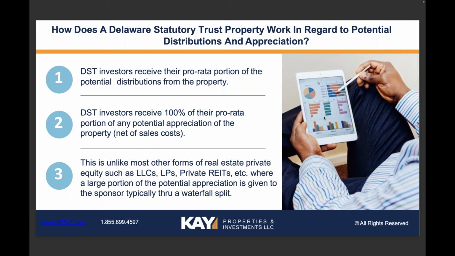You receive a preferred return, and then after that, it's a waterfall split with the real estate sponsor company, where it's 70-30 or 50-50 or 60-40 after the preferred return. And so you're giving up a portion of your upside to the real estate sponsor company. And that is kind of the beauty of the DST, is that you as the investor are going to receive 100% of your pro rata portion of any potential appreciation of the property net of sales costs.